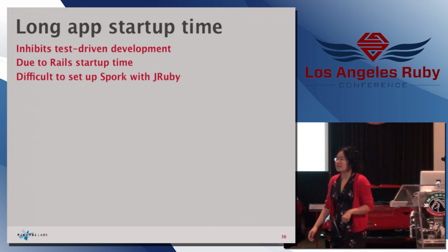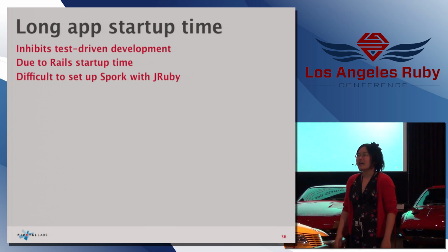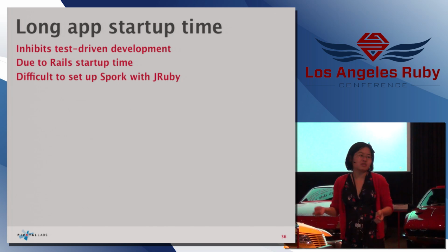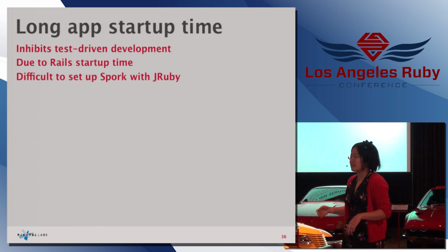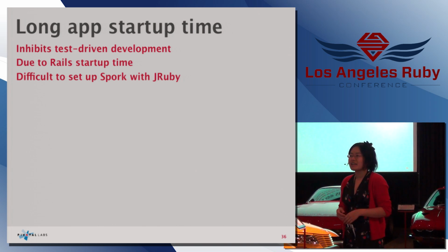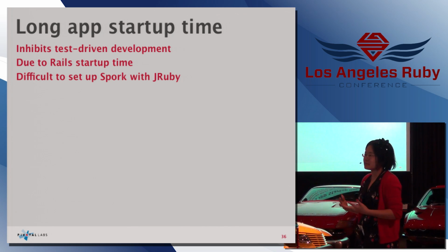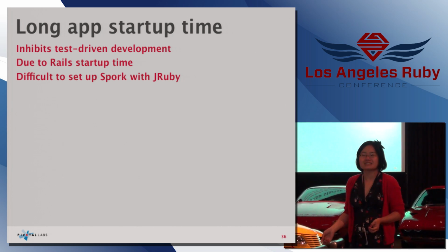Another downside that applies to those of you who do TDD: at my company, Pivotal Labs, we do test-driven development. That means that during development, we're continually running tests, a few times an hour, and there's a long app startup time, especially when you have large Rails projects, mainly due to Rails class loading.